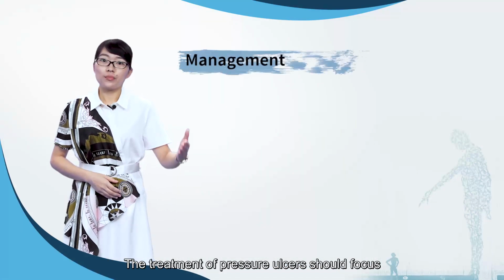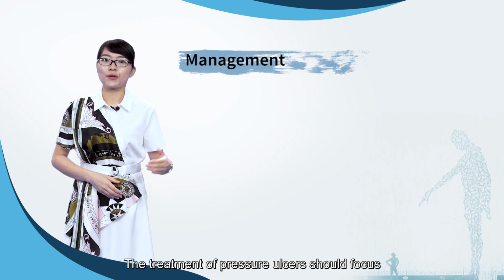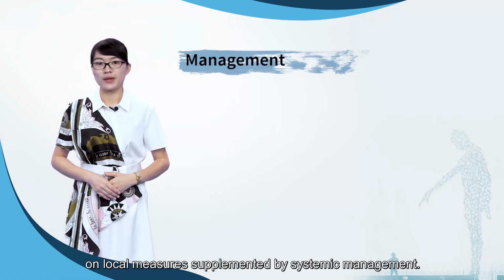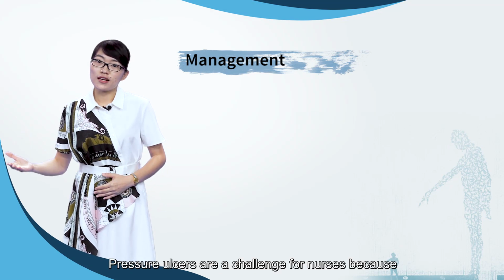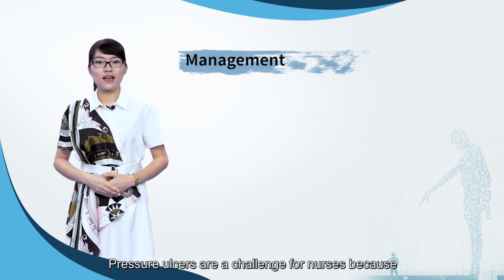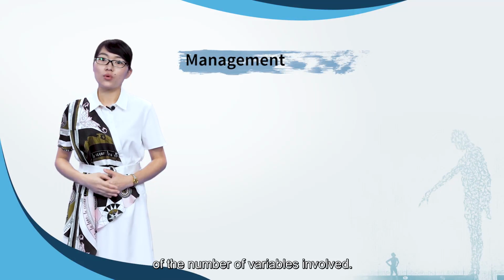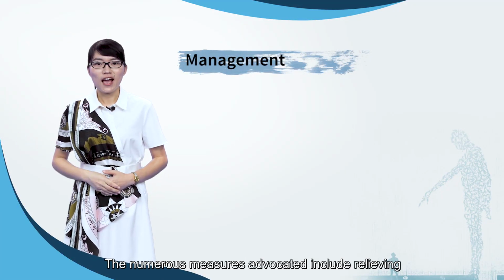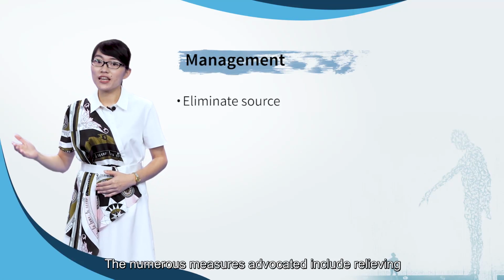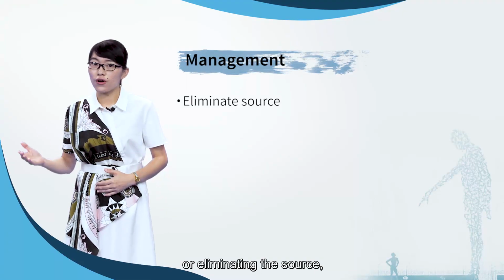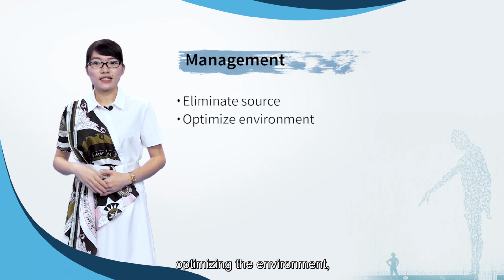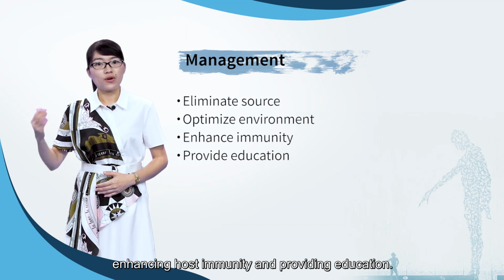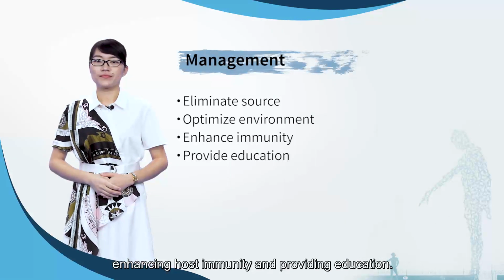The treatment of pressure ulcers should focus on local measures supplemented by systemic management. Pressure ulcers are a challenge for nurses because of the number of variables involved. The numerous measures advocated include relieving or eliminating the source, optimizing the environment, enhancing host immunity, and providing education.